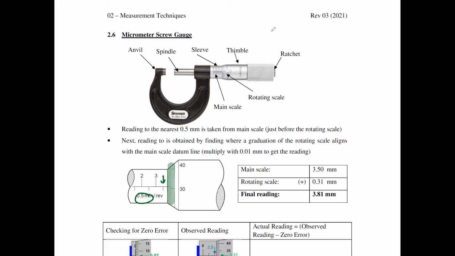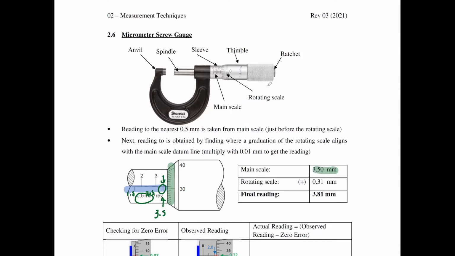This one here is your main scale. You take the reading on the main scale that is just right before your rotating scale. If you look at this one, it is actually 3.5 millimeter. This one is 1.5. This one is 2. This one is 2.5, 3, 3.5. So the main scale reading is 3.5 millimeter.